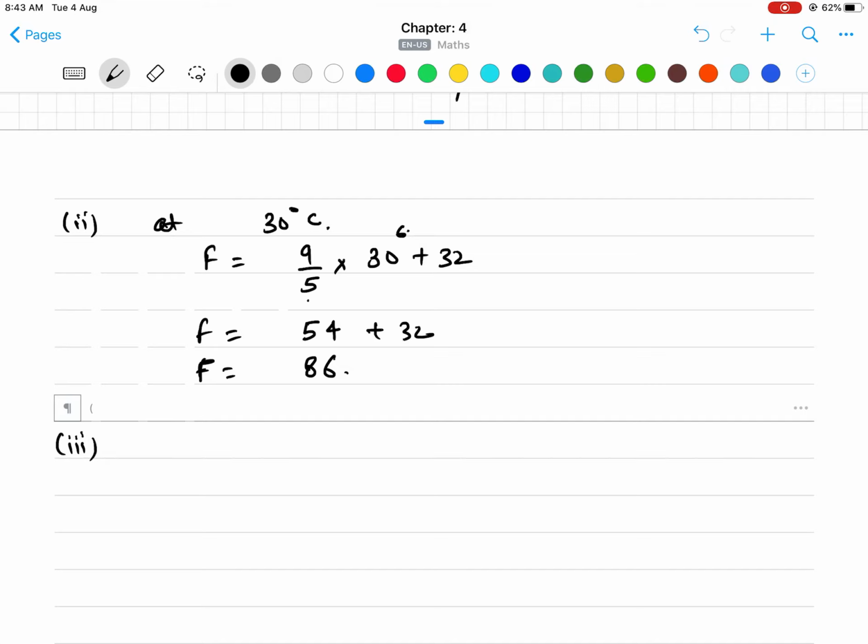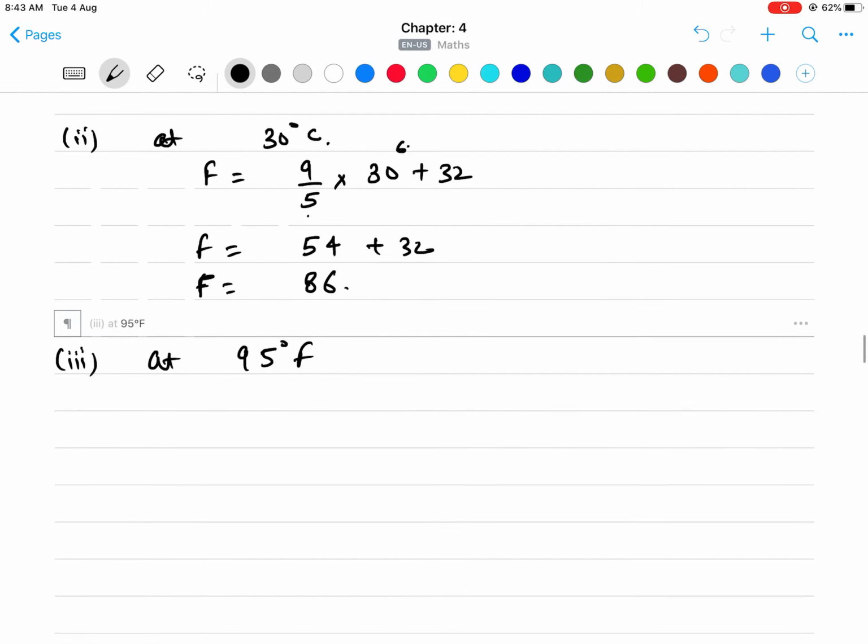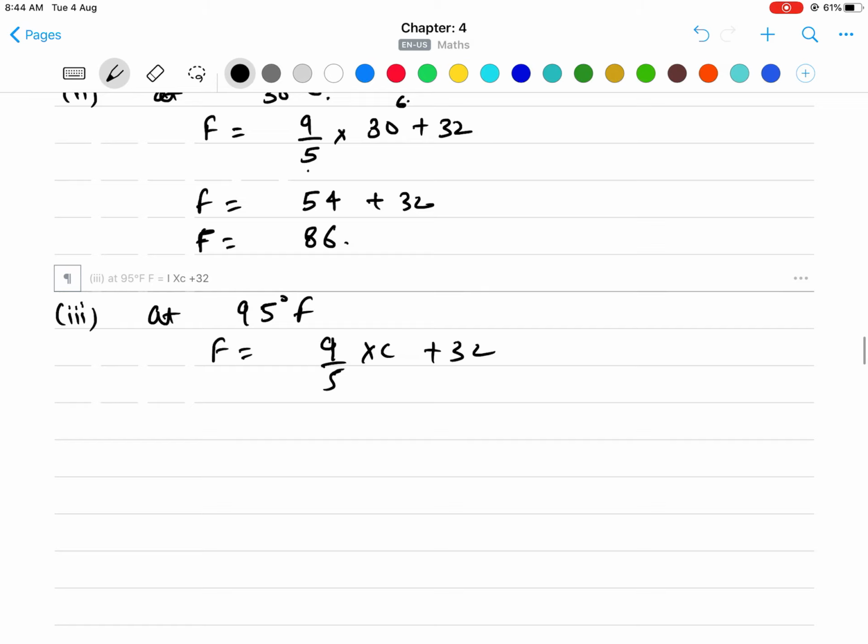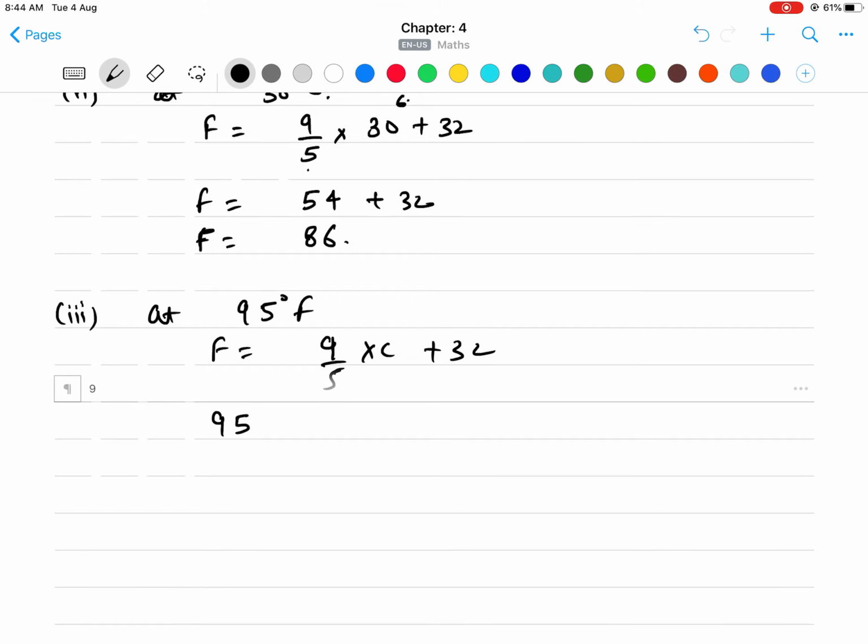Next one we have, if the temperature is 95 degree Fahrenheit, what is the temperature in Celsius? So now we are given, at 95 degree Fahrenheit, Celsius temperature will be, so we have the equation F equals to 9 by 5 into C plus 32, and this Fahrenheit reading is given, which is 95, equals to 9 by 5 into C plus 32.